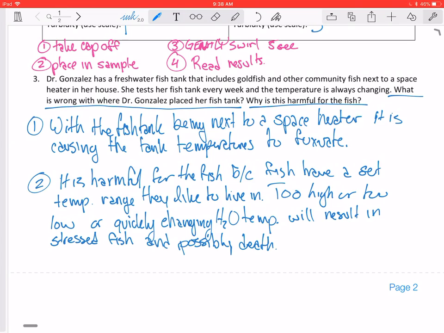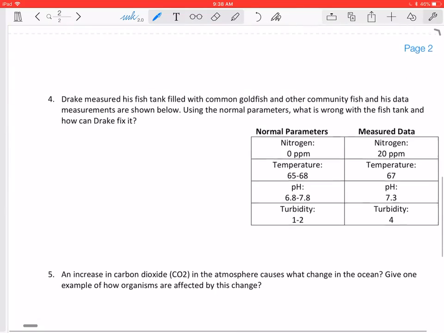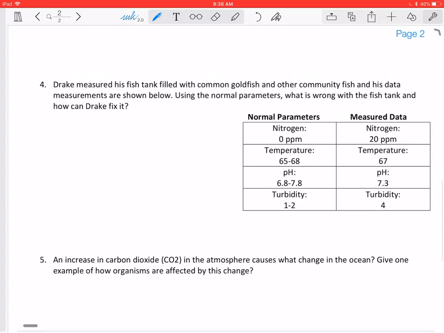All right. Let's look at number 4. So this guy Drake measured his fish tank filled with common goldfish and other community fish. His data measurements are shown below using the normal parameters. What is wrong with his fish tank and how can Drake fix it? So there are 2 things that you could have said that are wrong with the fish tank.